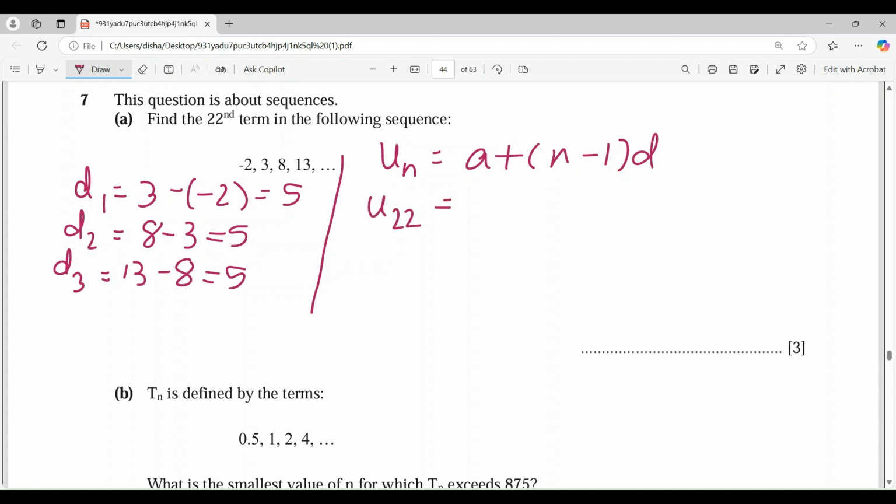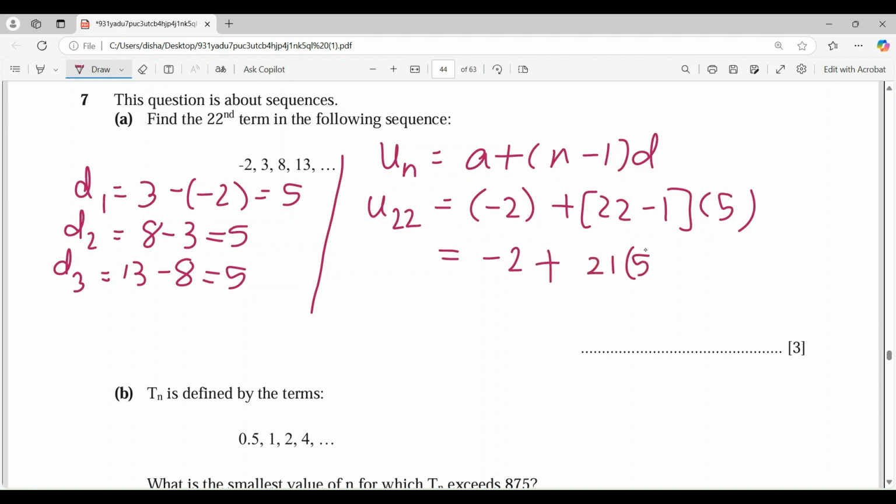So U22 will be minus 2 plus (22 minus 1) times d, which is 5. That equals minus 2 plus 21 times 5, which comes out to be 103. So the answer is 103.